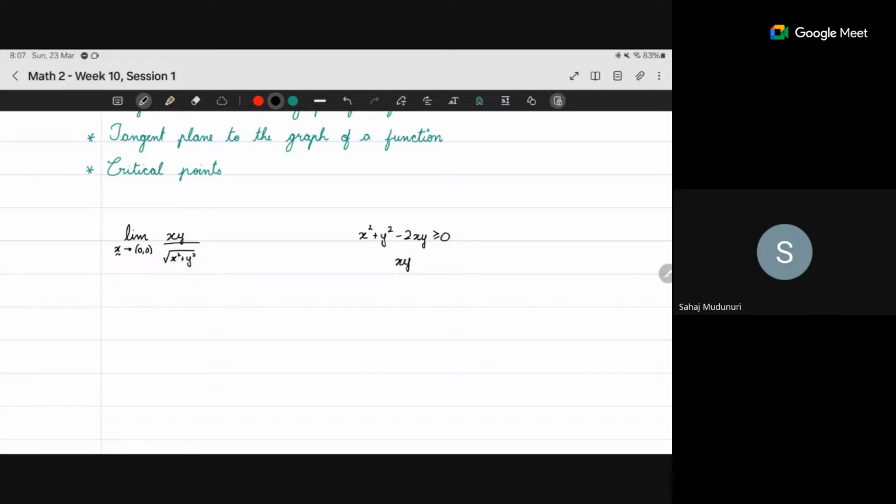No, but you want the square root of x square plus y square, which is greater than or equal to mod x.